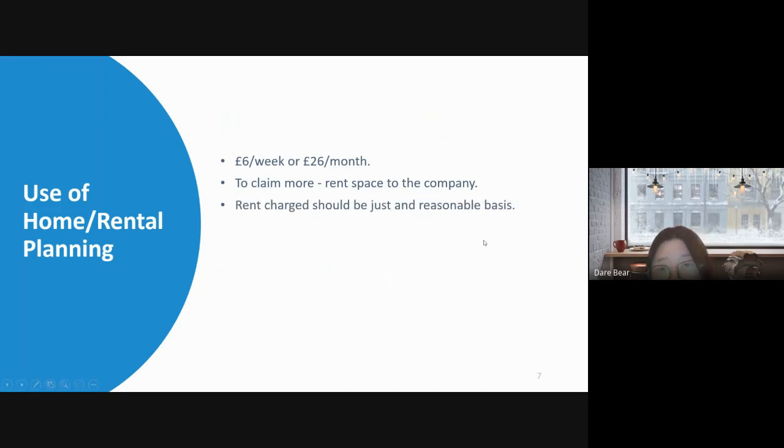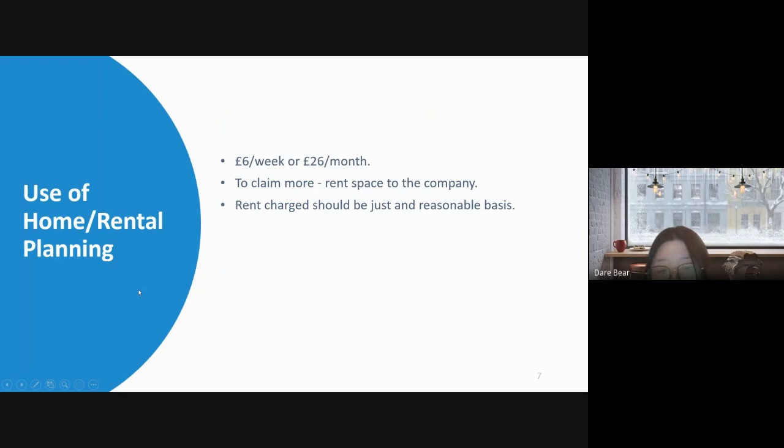But the problem is, if you rent a space to the company, you have to include the income from your company in your self-assessment and report it to HMRC. And the rent charged to the company should be on a just and reasonable basis.